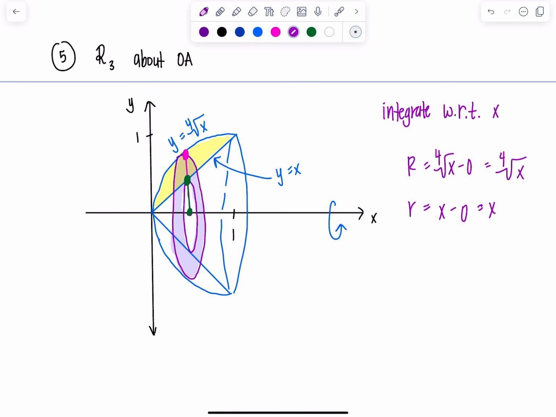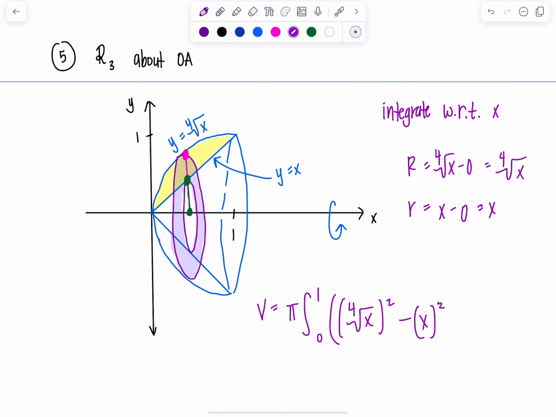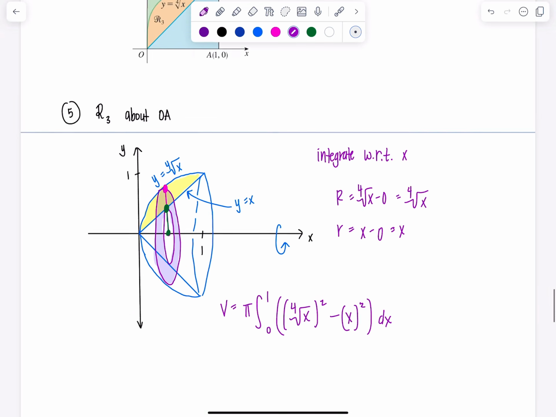Okay, let's set up our integral then. Volume is pi integral from, limits are for x, 0 to 1, outer radius squared minus inner radius squared dx, right? Right. Good, Professor V.